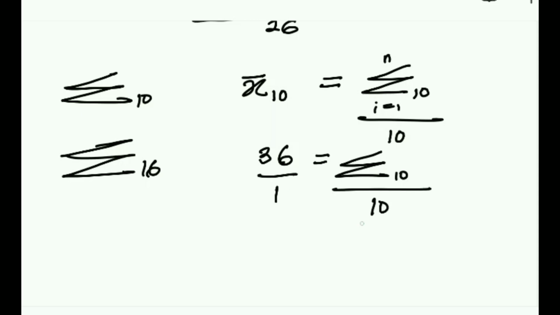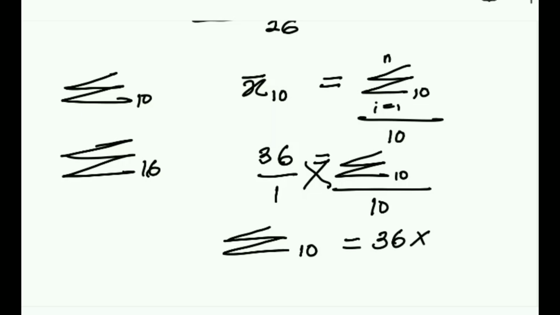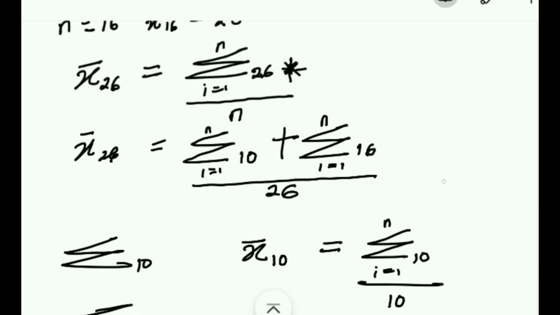This is 36 over 1. So when you cross multiply, the summation of all the 10 individual scores is equal to 36 times 10, which gives us 360. So the summation of all the 10 individual scores in the first group is 360.